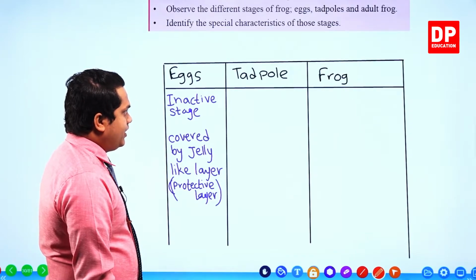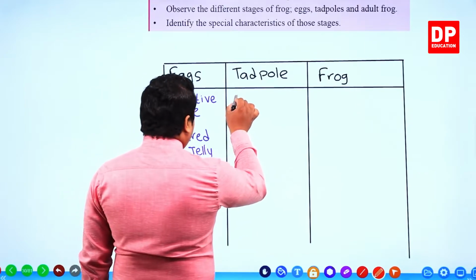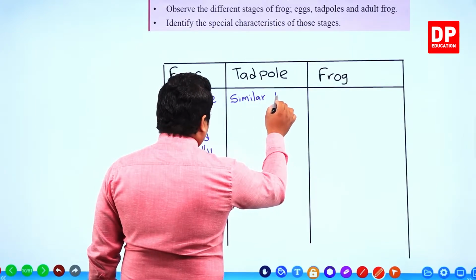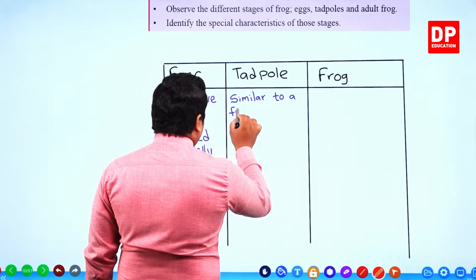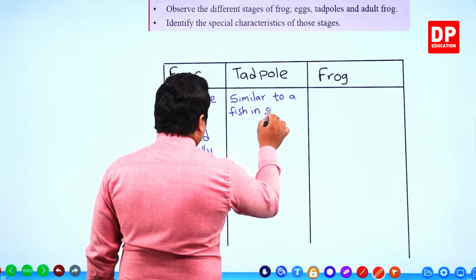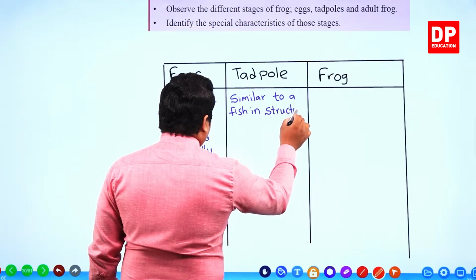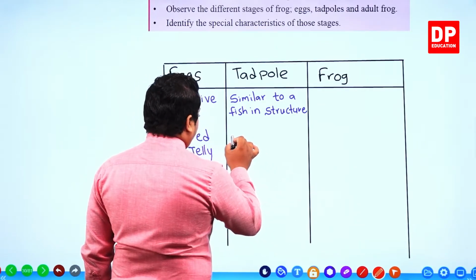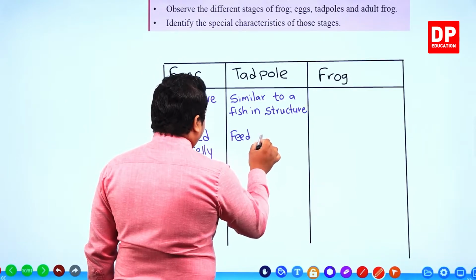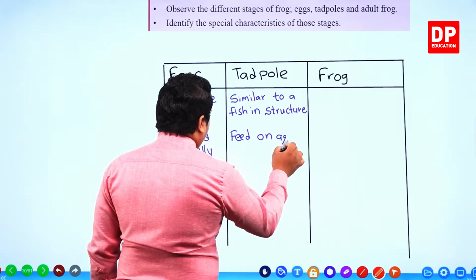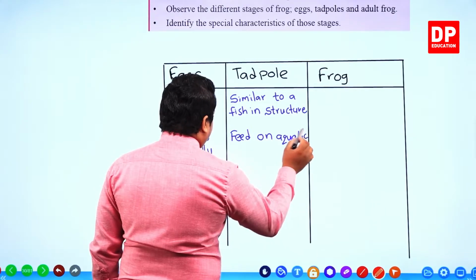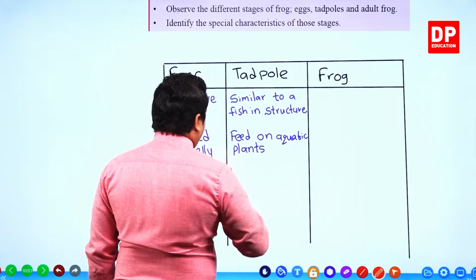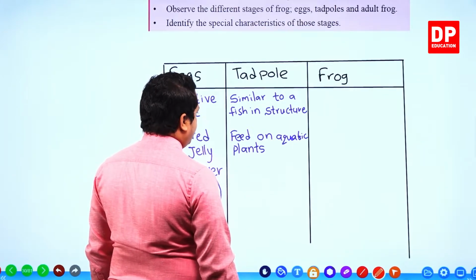Okay, then the tadpole. Tadpole is similar to a fish in structure, then feeds on aquatic plants.